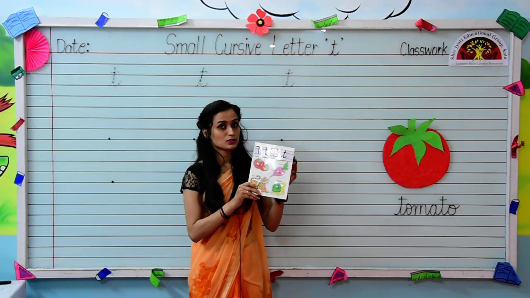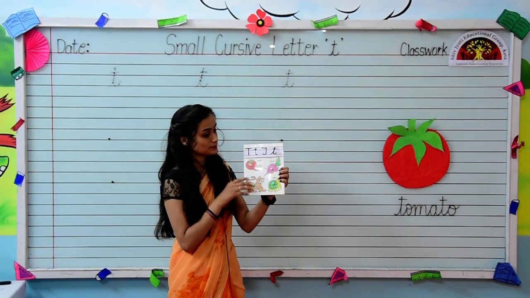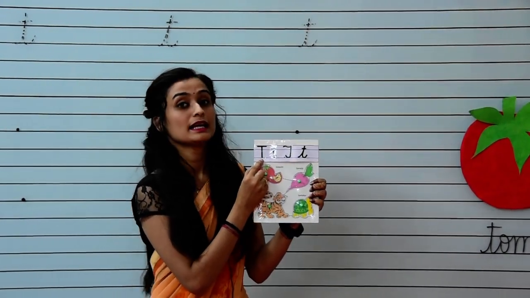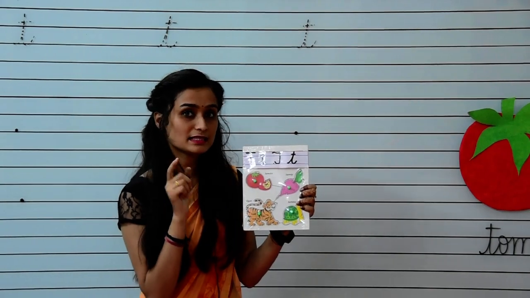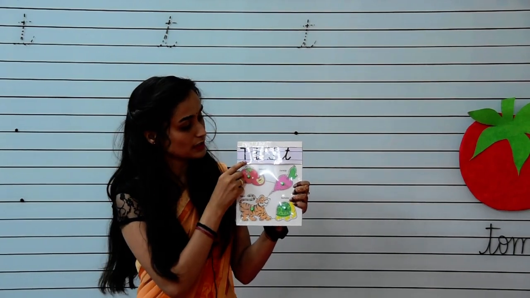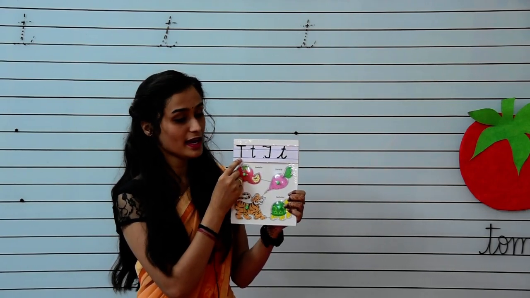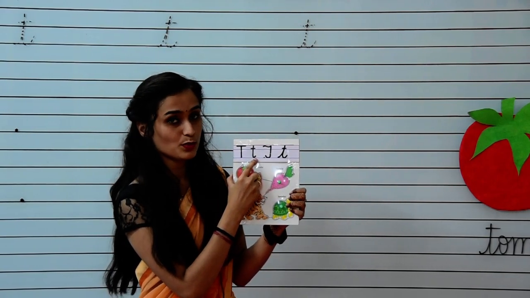Okay, kids, look over here. The first formation is capital letter T. Very nice. Let's see the next one.